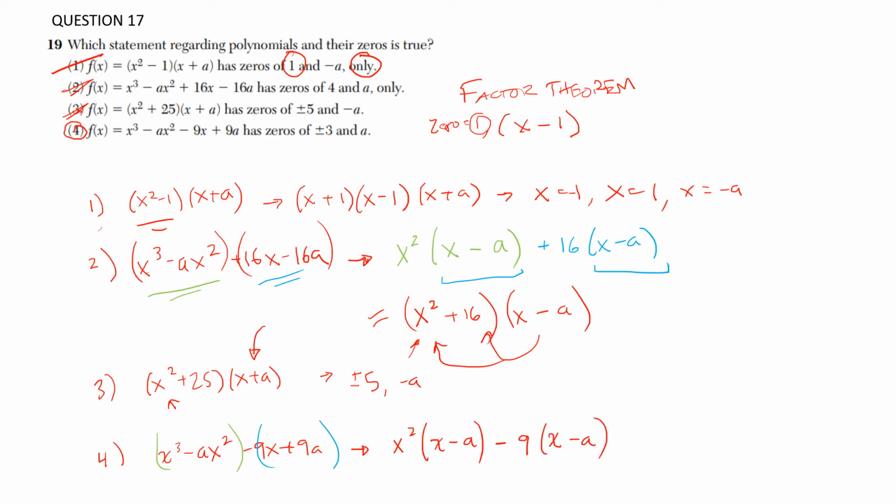And those signs should still work out. If you look here now, we can pull out that x minus a. We'll be left with x squared minus 9. So the factors for this are plus and minus 3, right? The zeros, x equals plus or minus 3. And for this one, we'll have x equals a. And that matches the answer choices they gave in choice 4.